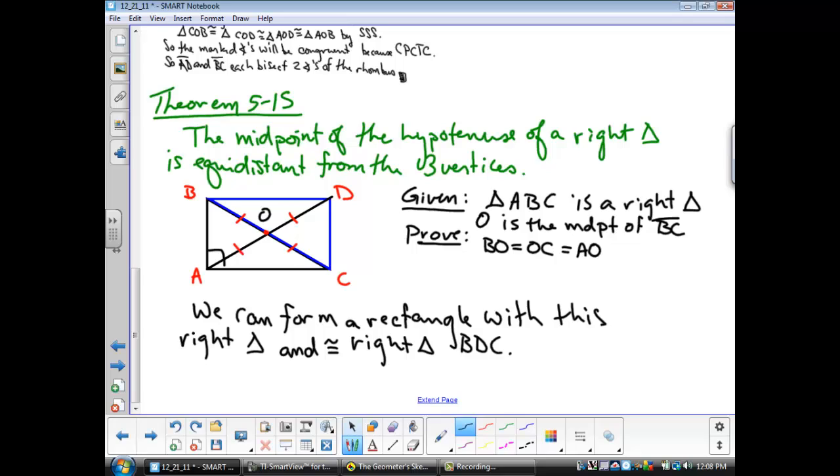Rectangle ABDC, diagonals bisect each other and are congruent.